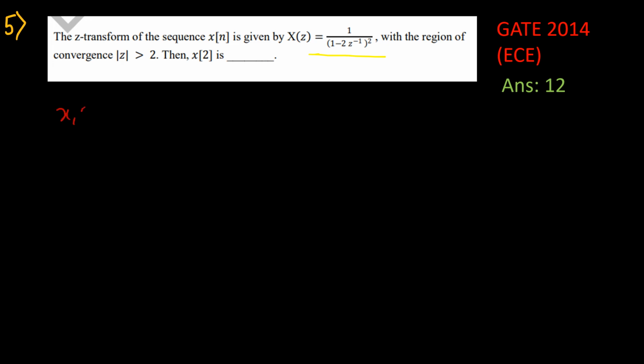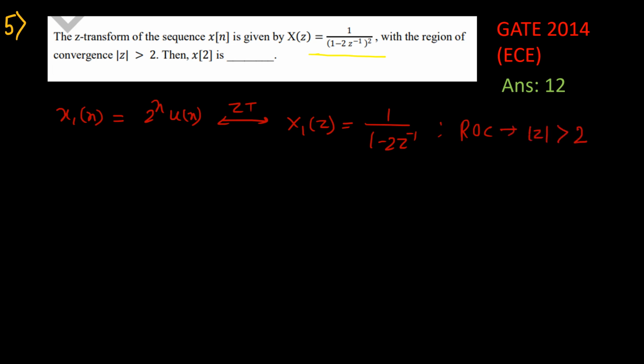If I consider one sequence x1 of n equals 2 to the power n u of n, its z transform X1 of z will be simply 1 upon 1 minus 2 z to the power minus 1, and for this the ROC is mod z more than 2, so it is matching. So you can start from this X1 of z.